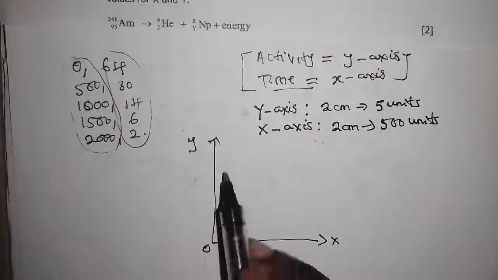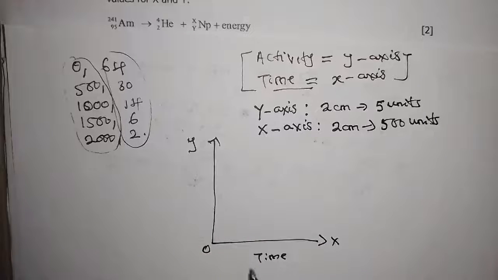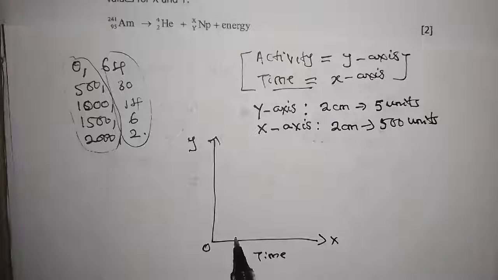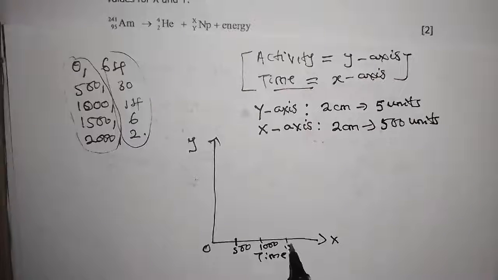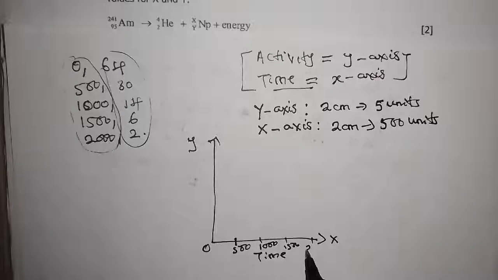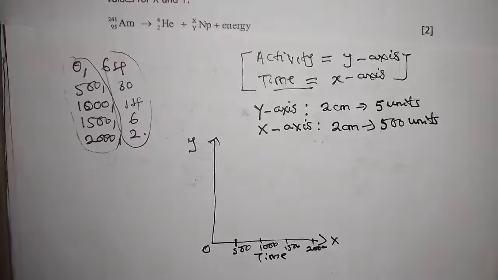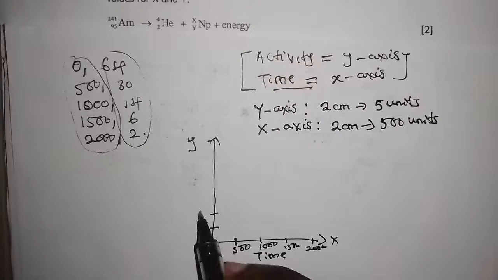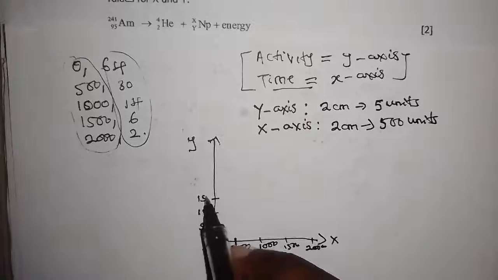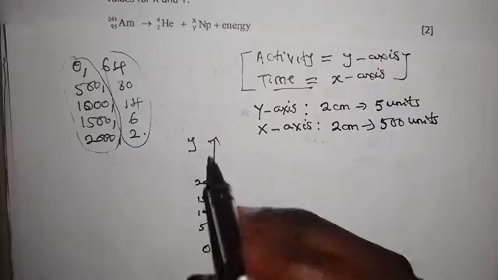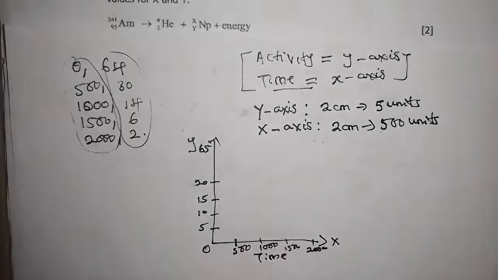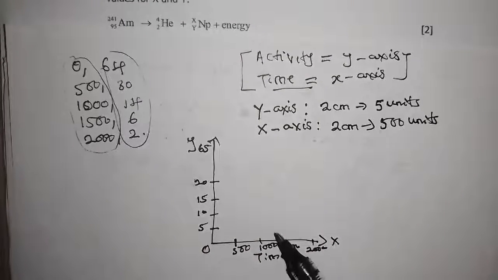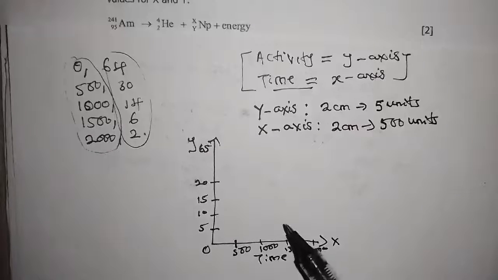Since there are no negative values, you don't have to include them. After every 2 centimeters on the x-axis, you'll be putting 500, 1000, 1500, then 2000. On the y-axis you have 5, 10, 15, 20, until you reach 65, because every 2 centimeters is 5 counts.